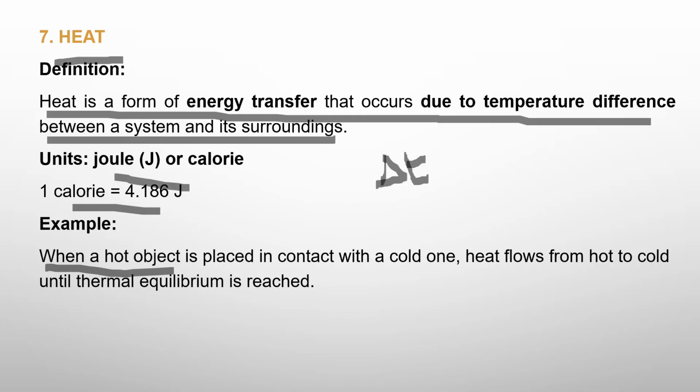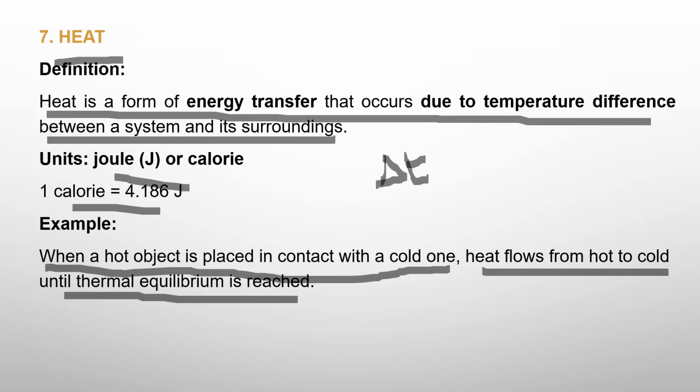Example: when a hot object is placed in contact with a cold one, the heat will start to flow from hot to cold fluid until thermal equilibrium is established. So what is thermal equilibrium? It is a very important concept. Thermal equilibrium means the system and surrounding are both at the same temperature, so this delta T is 0.